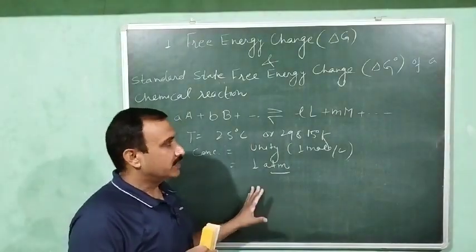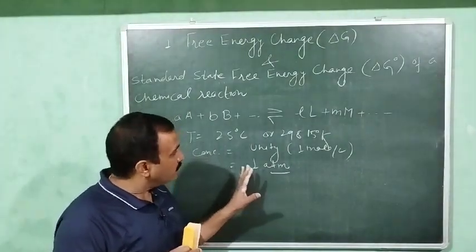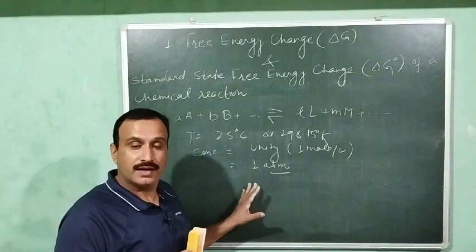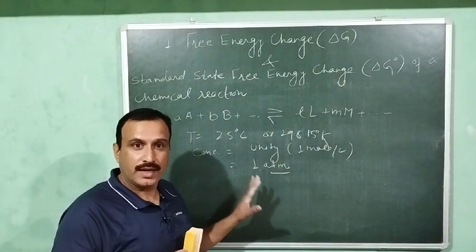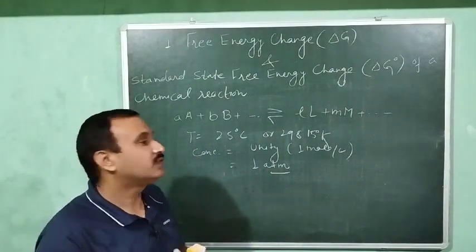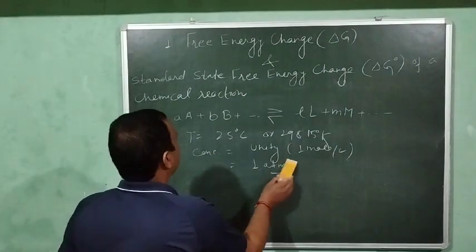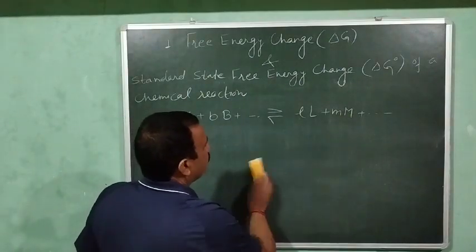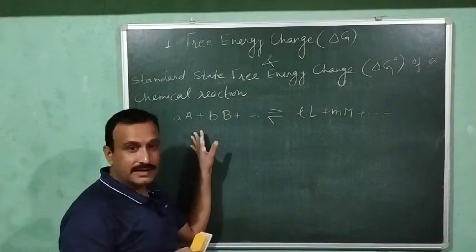So these are the standard conditions. Under these conditions the free energy change of a reaction will be called standard state free energy change. So let us explain it here, and to explain this I am again considering the same reaction.